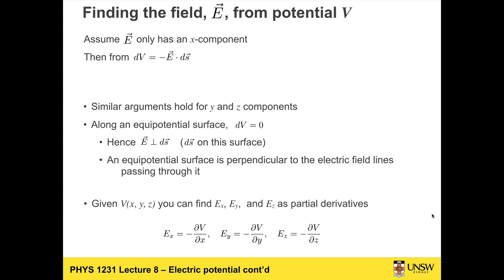But the important thing, especially relevant to this course, is that once you have the electrostatic potential, you can always find the fields as partial derivatives. So suppose I have worked out the electrostatic potential in, for example, Cartesian coordinates x, y, z, then I can always find the components of the field by these partial derivatives. And we'll see this is just the operation of the so-called gradient in the context of this course.